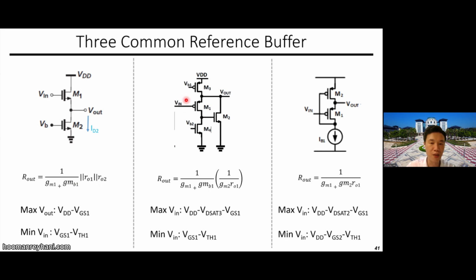Imagine something changes up, then this changes down, then this will also change up, right? So this changes up, and then you also have a pull down over here, so you will have additional gain from this feedback circuit. So you will also have a times 1 over gm2 ro1 factor over here. So the Rout will be much smaller than this with the same amount of current.